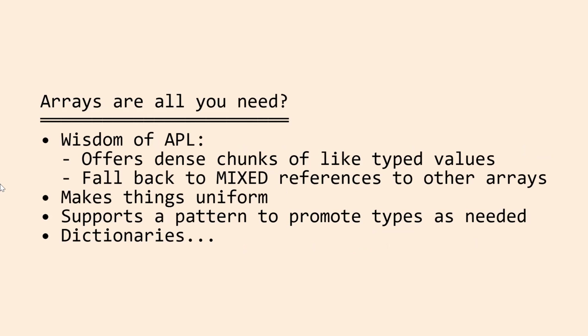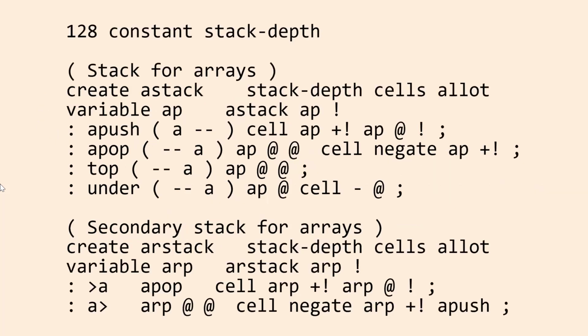The idea here is that as long as you have a representation that can support the types that you need, you can have an array of dense values that let you do interesting operations on them. You can compose them and combine them and do fun things. Dictionaries will be a bit of a challenge. I'll talk about that in a second.